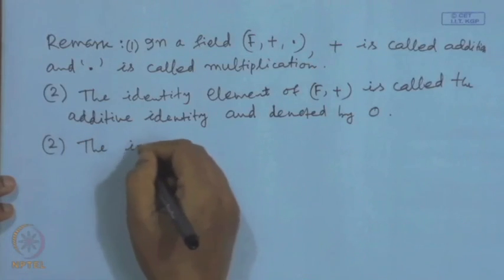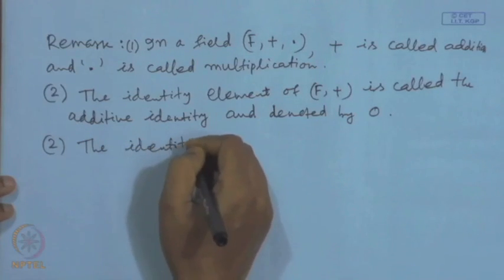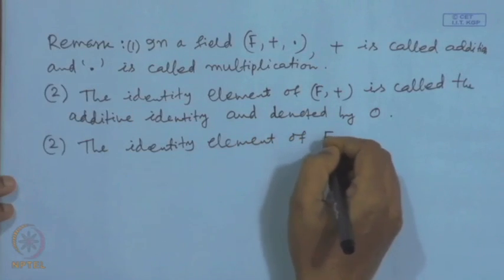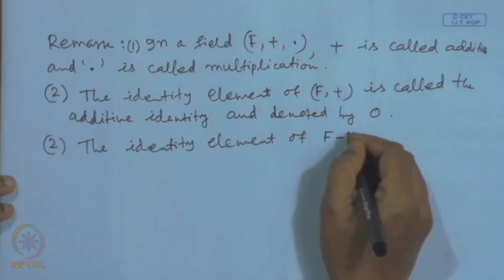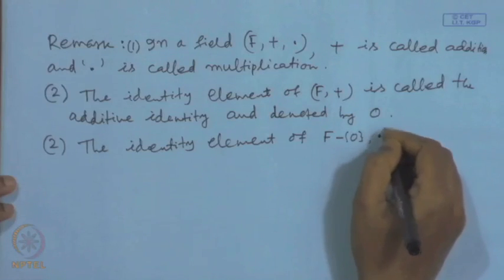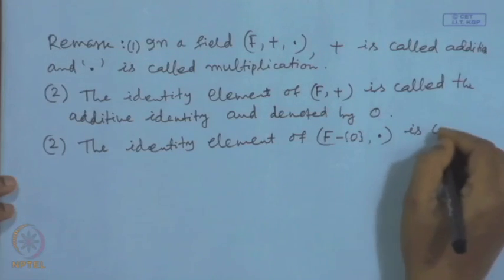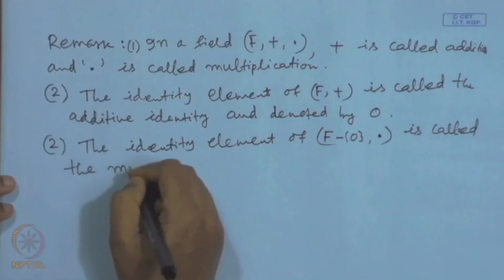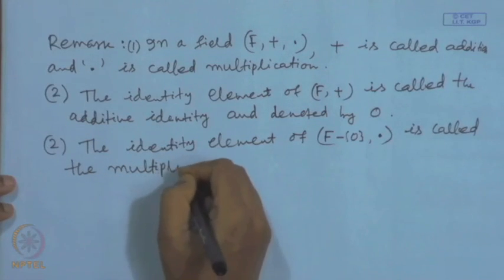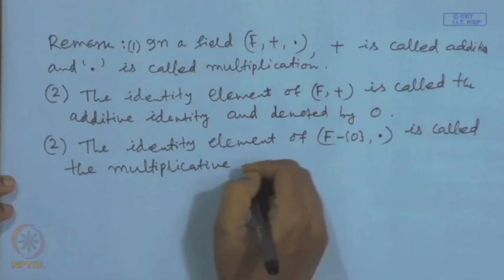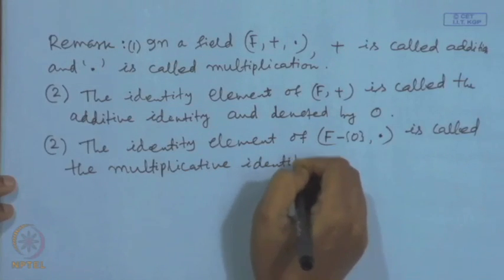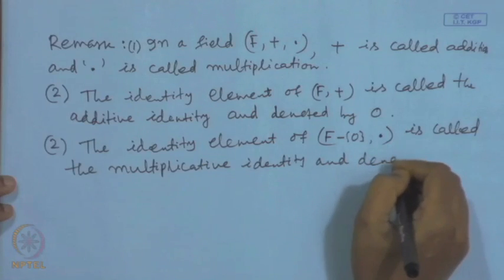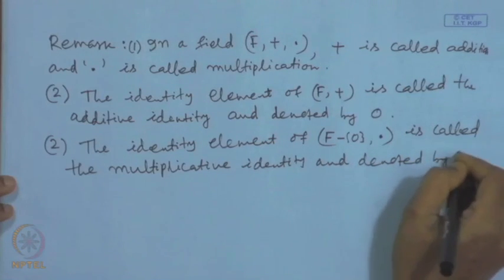The identity element of F minus 0, dot, is called the multiplicative identity, and is denoted by 1.